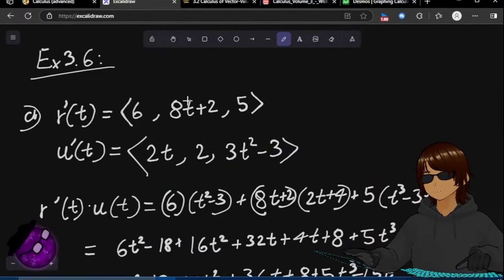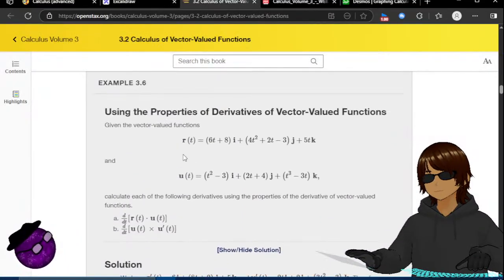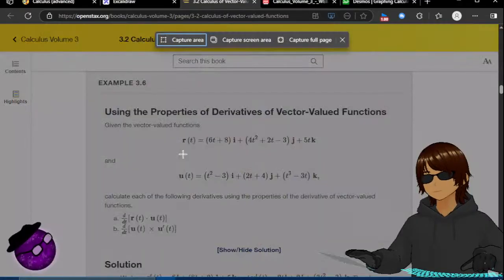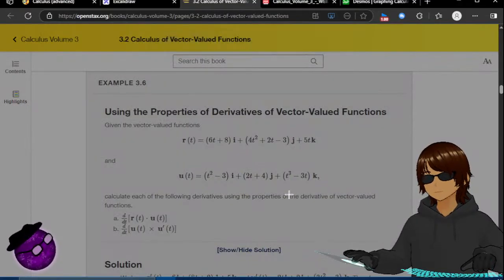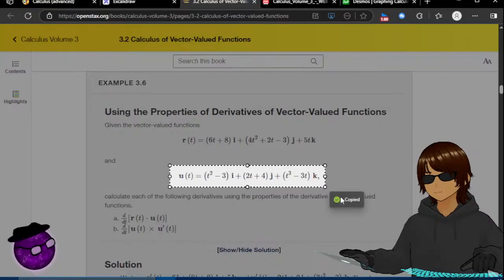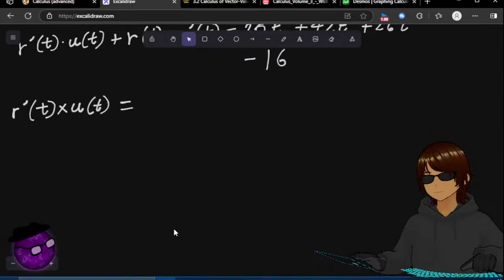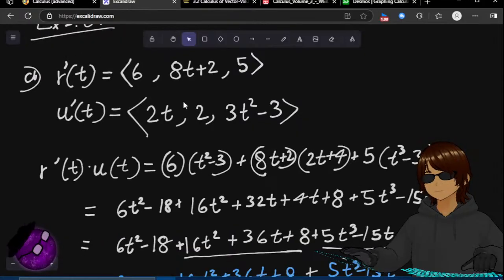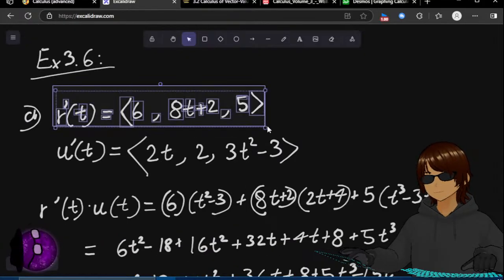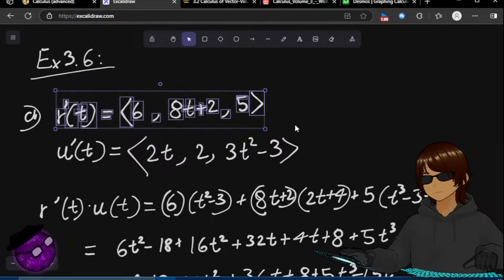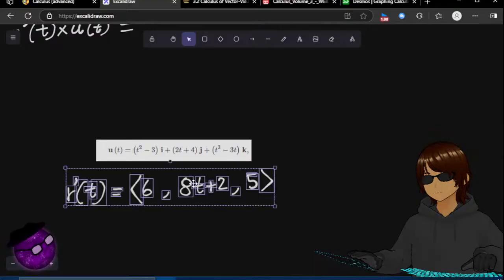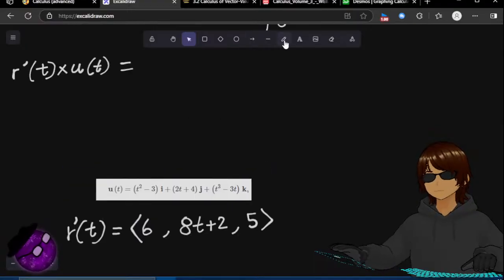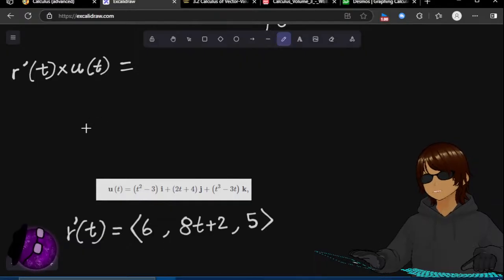So we have the derivative. And we have, so how do I do this?